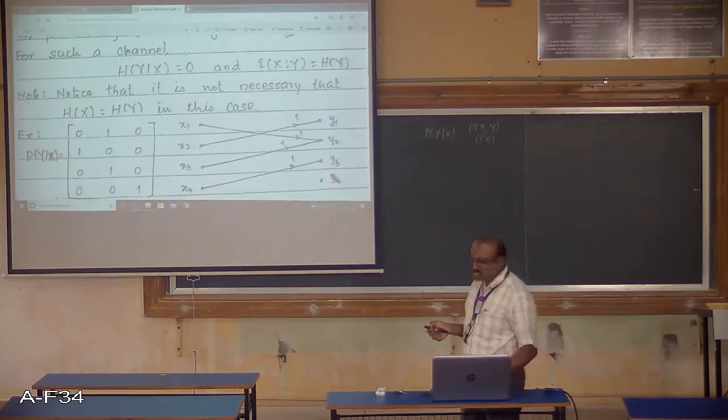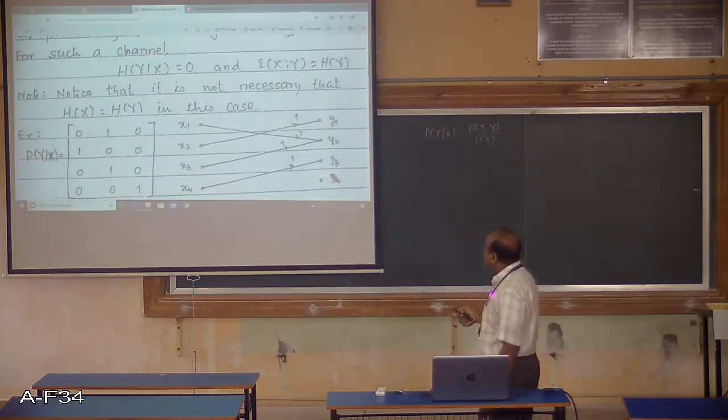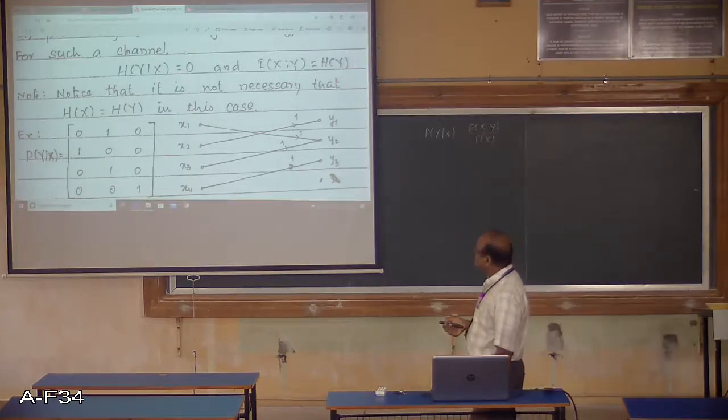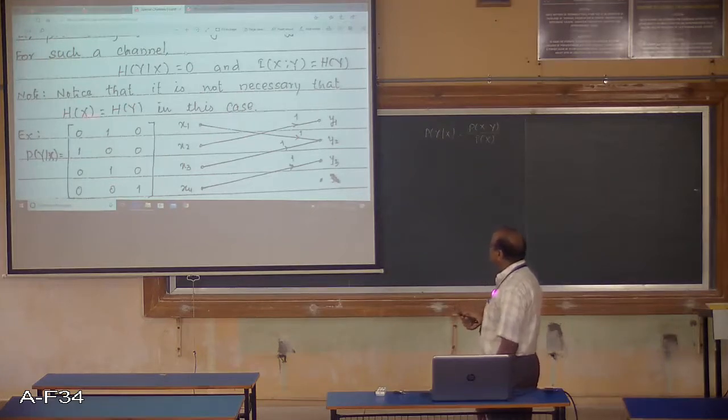For such a channel, H of y given x is always 0. So I of xy is simply the entropy of the receiver, H of y. And H of x and H of y need not necessarily be equal. Here is an example of a deterministic channel: in a particular row, one and only one element must be 1, and the remaining are all zeros.